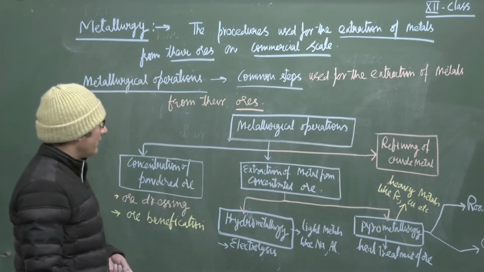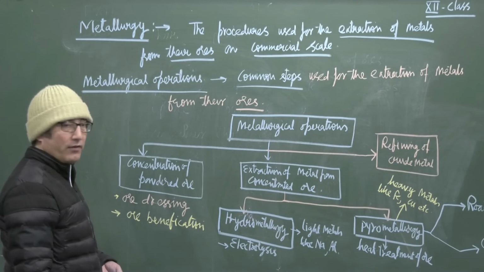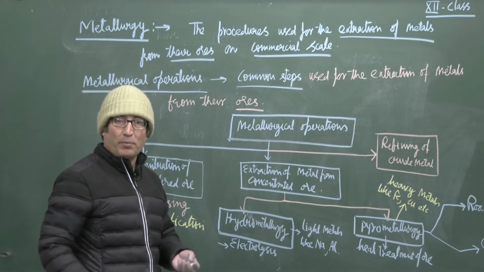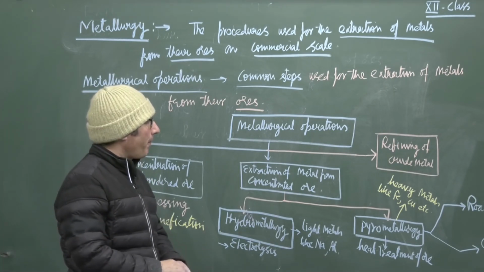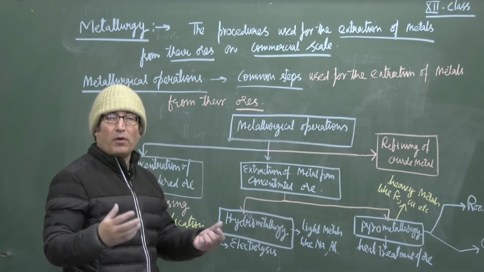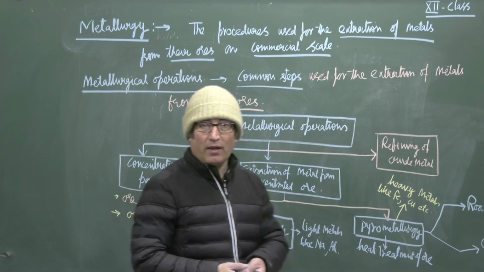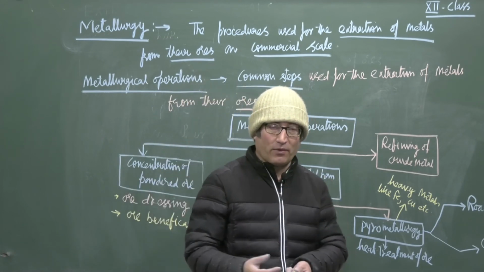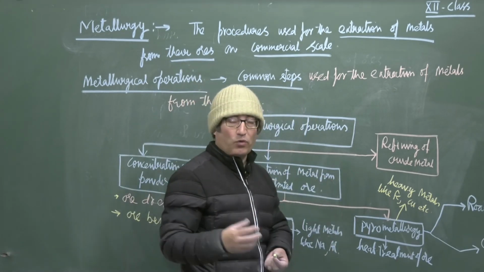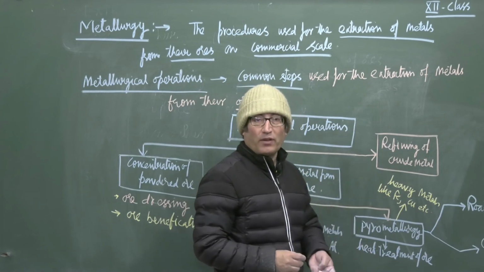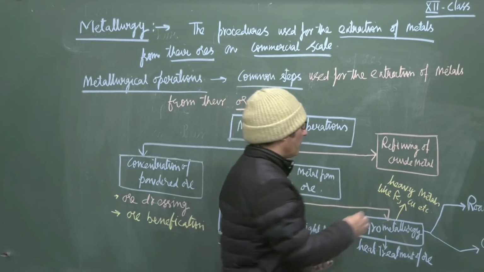The metal that is extracted has many unwanted metallic impurities in it. Depending upon the purity of the metal that you require and the impurities present in that crude metal, different procedures and methods are used.